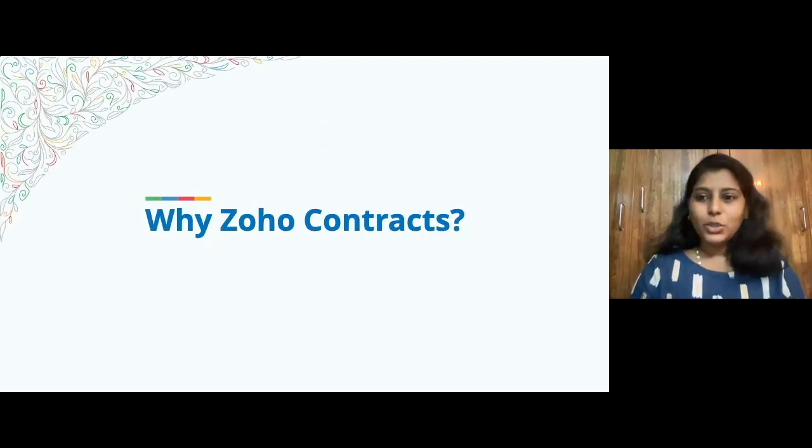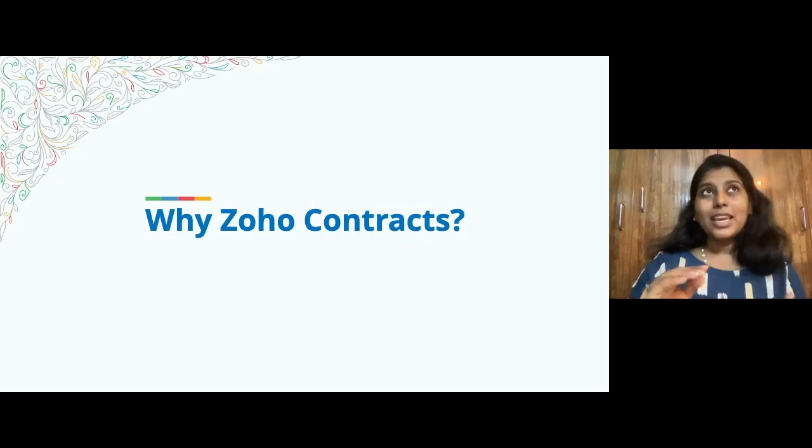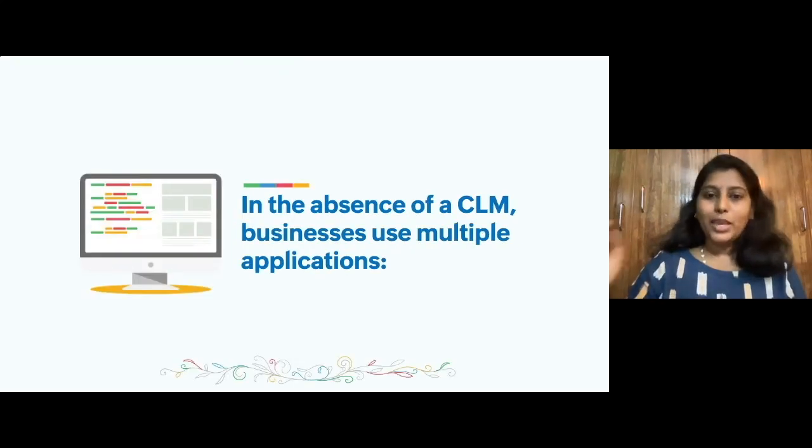And why did we decide to develop a contract management software? We've seen a contract involves a lot of stages, and a CLM tool is one that is going to help you streamline the entire contract management. There are multiple reasons at various levels. The very first and foremost reason is that we wanted to come up with a one-stop solution.